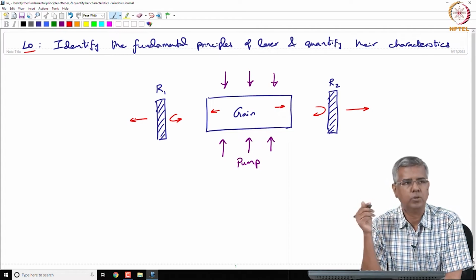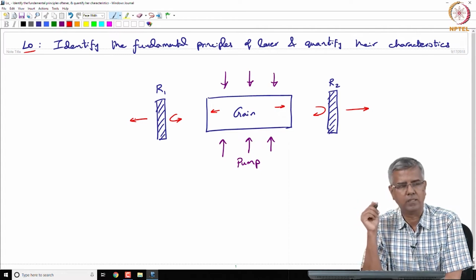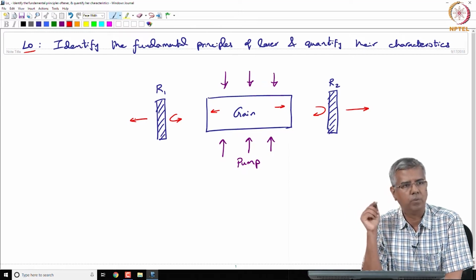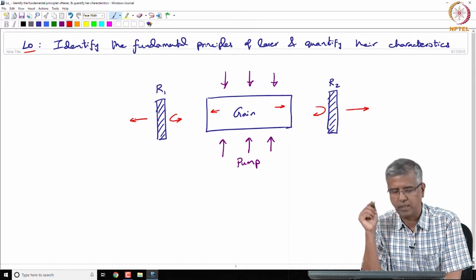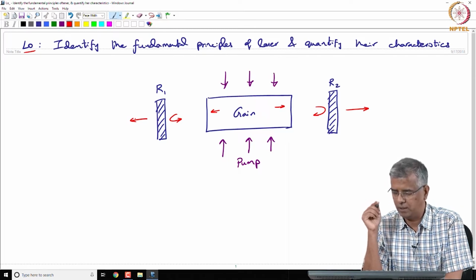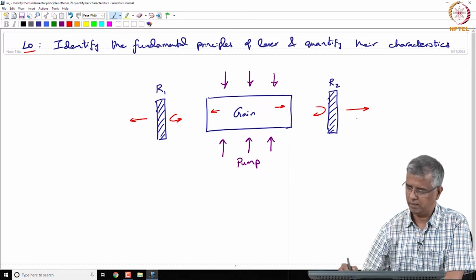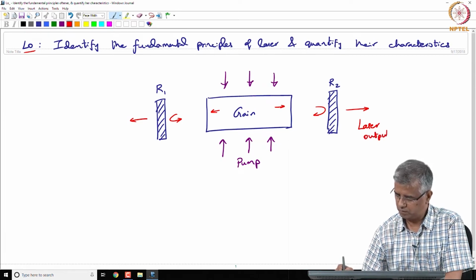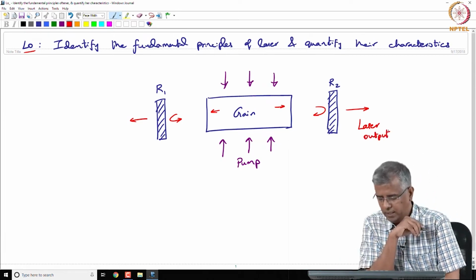And R2, which is normally called an output coupler, is a partially reflecting mirror, which means that it will allow part of the light within the cavity to escape, and then you can get the laser output from this end.